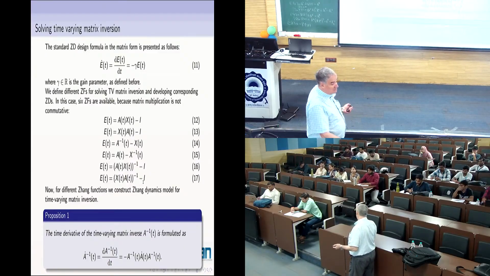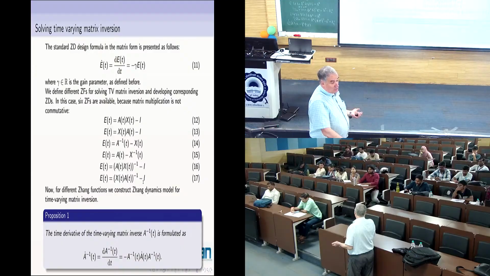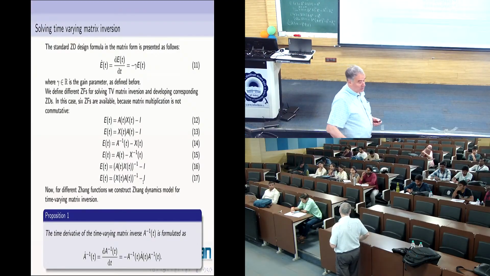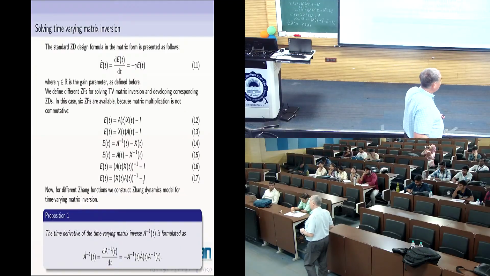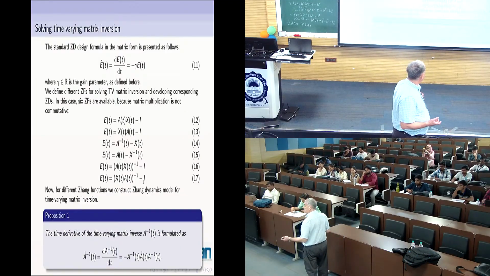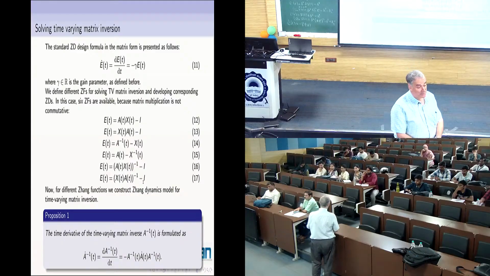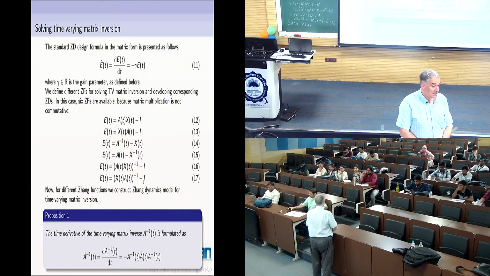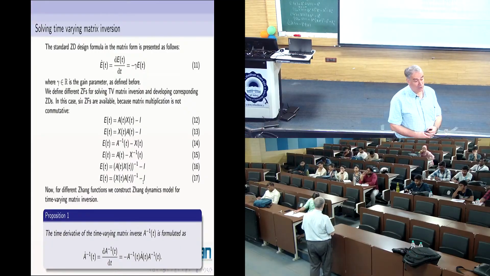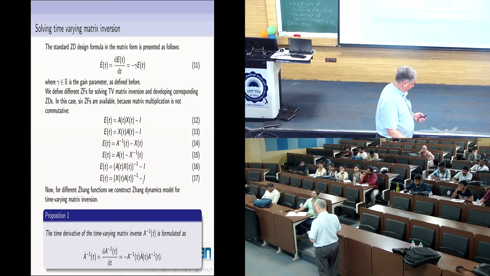Another 3 models are possible to use, but of course, the best choice is to use the first two models. Here I put 4 more error functions, and we will develop 4 more ZNN models only to see possibilities. In future, we will use the first 2 models.